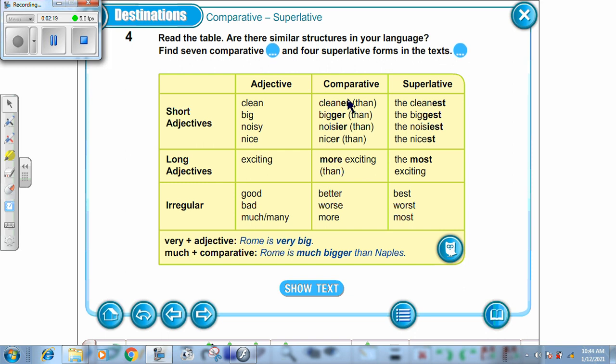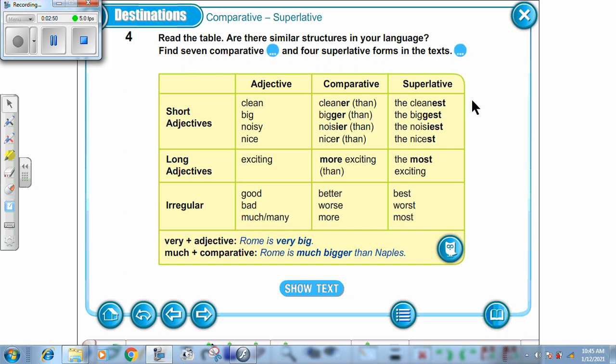So let's go to the superlative. The superlative, I'm comparing one to a group. Okay, first we have the short adjectives. I'm gonna put the plus the adjective plus est.